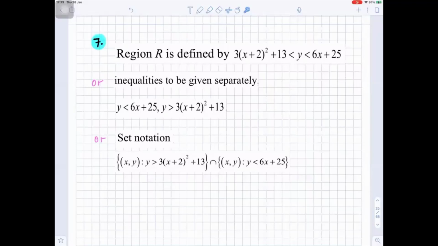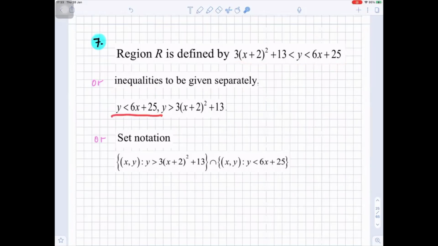So region R is defined by 3 bracket x plus 2 squared plus 13 less than y less than 6x plus 25. So the less than means it is below the line. So it's between the curve and the line. Or you can do the inequalities separately. You don't have to put them together.